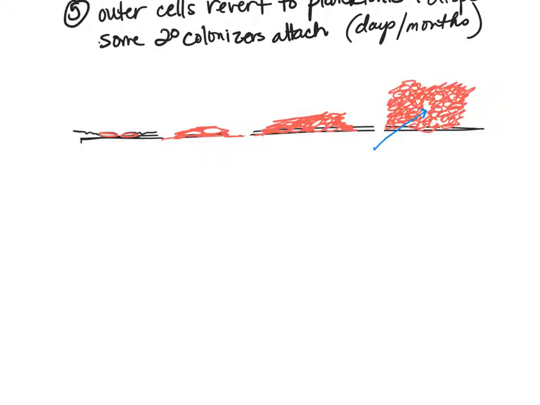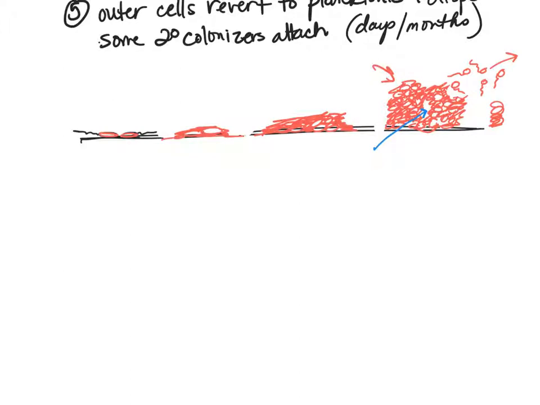Then as we move on to the next step, now the top is going to kind of burst open. This extracellular matrix, this EPS, is now going to be broken open a little bit, and now these cells are going to revert back to planktonic cells with their flagella, and now they're going to move on to the next location. And so that is kind of the structure or the formation of a biofilm.